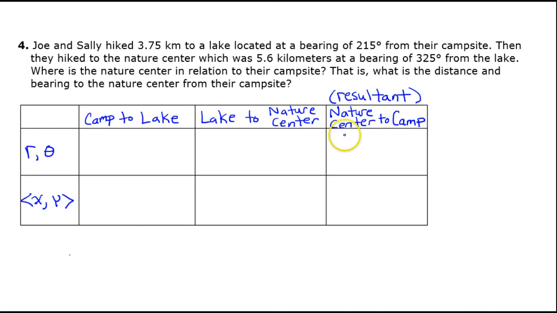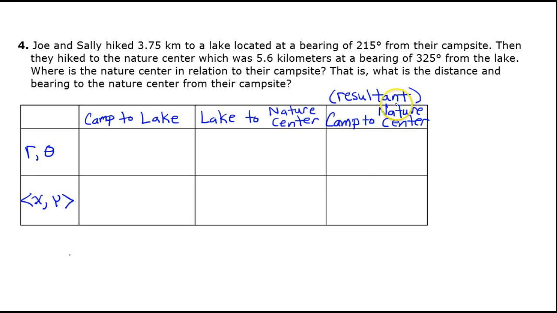We can organize our work like this. We will have one vector representing the travel from the camp to the lake, and another vector representing the travel from the lake to the nature center, and then we'll have the resultant vector, which is the trip from the camp all the way to the nature center.